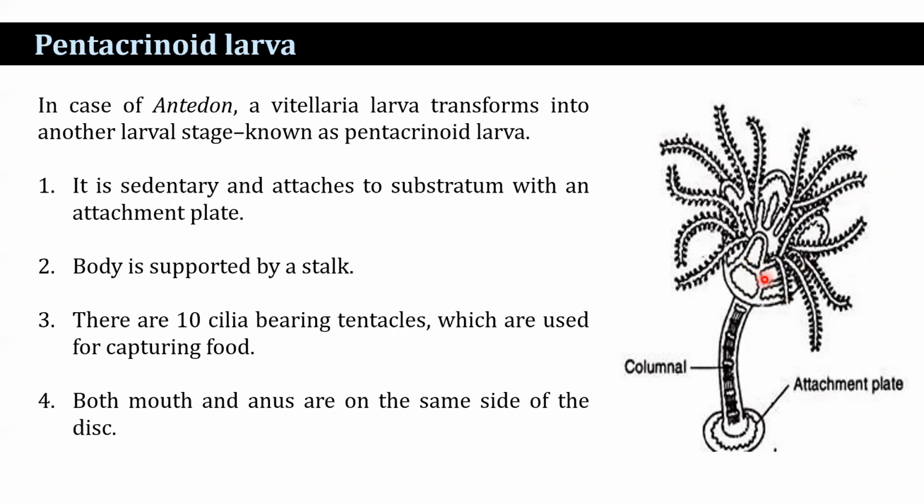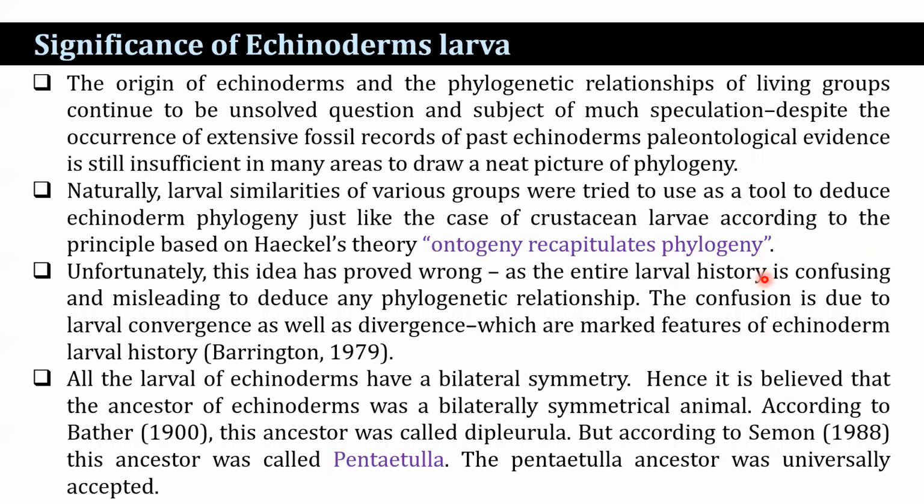Now, what is the significance of the echinoderm larva? The origin of echinoderms and the phylogenetic relationship of living groups continue to be an unsolved question and a subject of mass speculation. Despite extensive fossil records of past echinoderms, paleontological evidence is still insufficient in many areas to draw a neat picture of phylogeny.